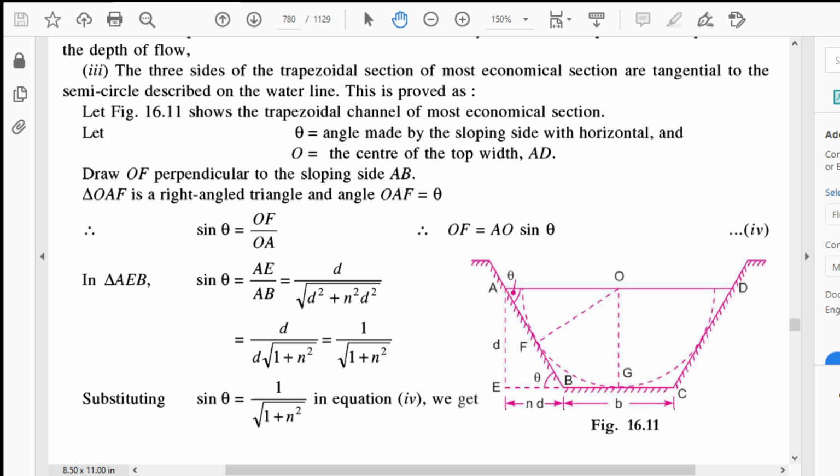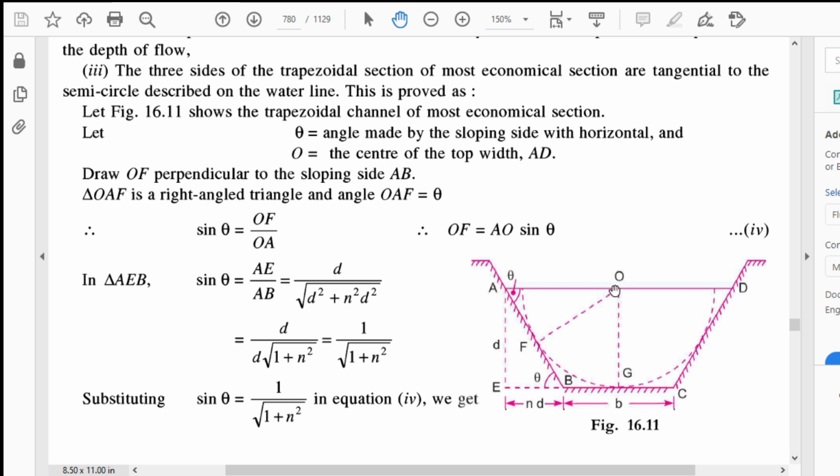Okay, so consider this figure. Here a semicircle is shown in dotted lines, and the trapezoidal section ABCD is drawn. Now O is the center of your top width AD, and theta is the angle made by the sloping side with the horizontal.